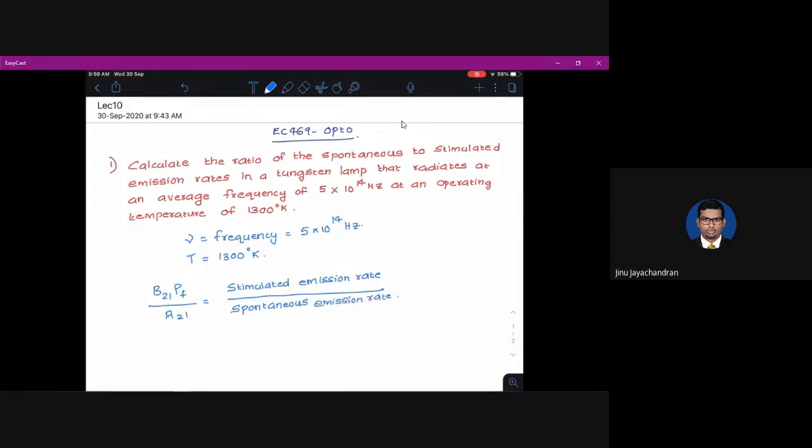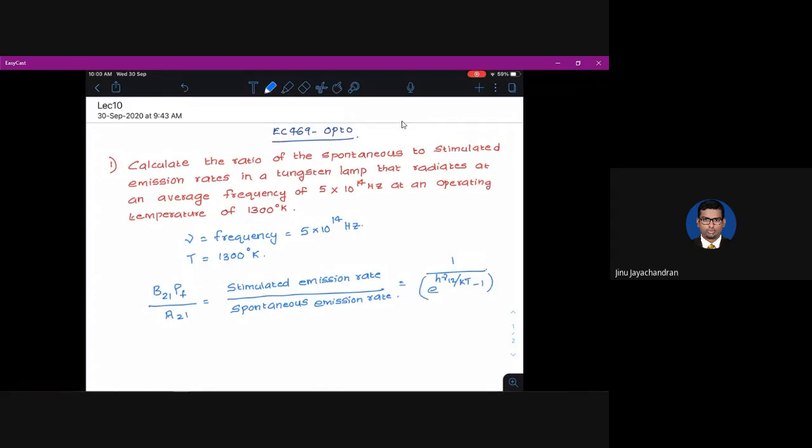So this is the ratio that we have derived, and the ratio is given by 1 by e raised to h nu 12, which is basically from energy level 2 to 1, divided by k into T, minus 1.